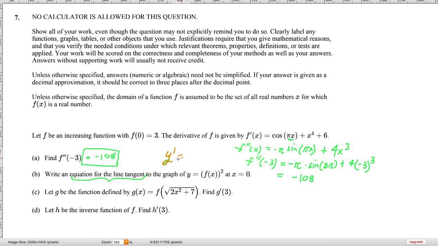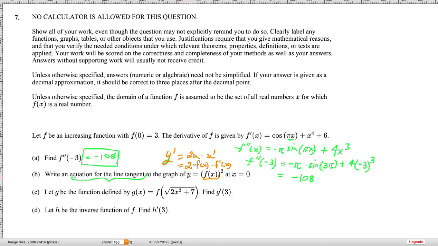is going to be given by, here you want to think of this inside function as u. The derivative of u squared is 2u times u prime, right? But in this case, it's f of x. So it's 2 times f of x times f prime of x. But we know what f prime of x actually is, and if we want to find out what it is at 0, well, I just need to plug in.